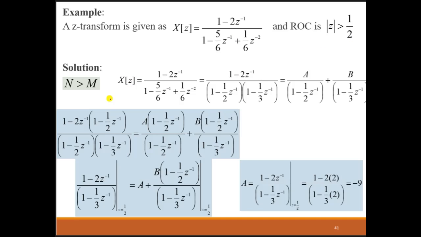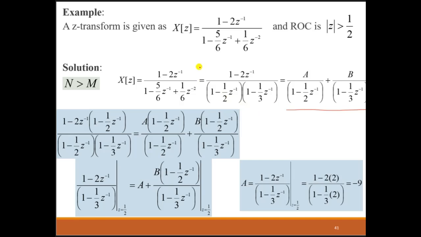Here the order of the denominator is bigger than the order of the numerator. So again you factorize the polynomial, the denominator, then you write it in factorized form.